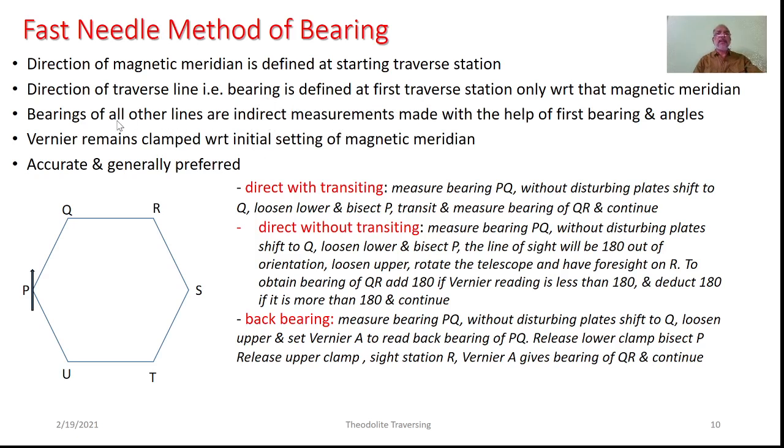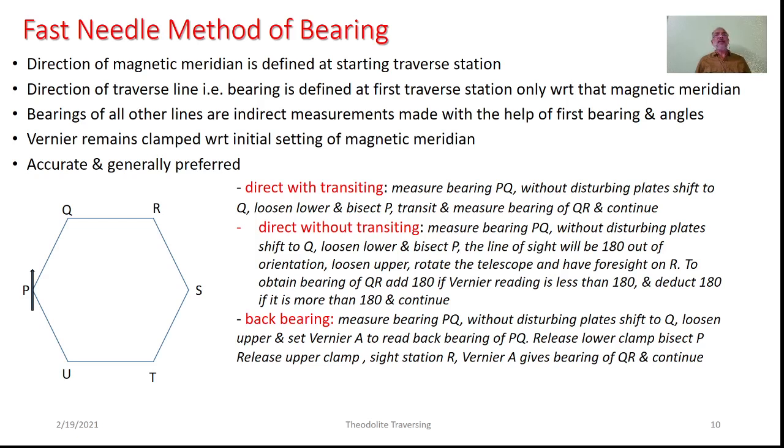Whereas the magnetic bearings of all other lines are indirectly determined by making use of the bearing initially observed on the first station and the included angles that have been measured at each of the stations. In this method, the vernier remains clamped with respect to the initial setting of the magnetic meridian. This method is accurate and usually preferred.